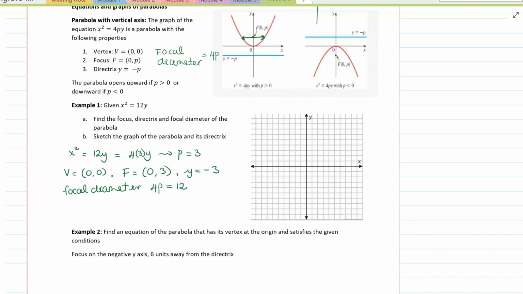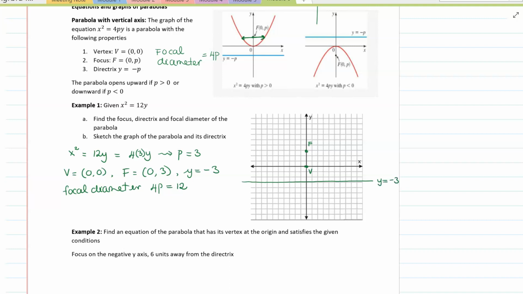So let's go ahead and sketch the graph based on the information that we have. The vertex is at (0, 0). The focus is at (0, 3), so let's label this F at (0, 3). Here's the vertex. And then we have the directrix, y equal to negative 3. This is the line of the directrix.